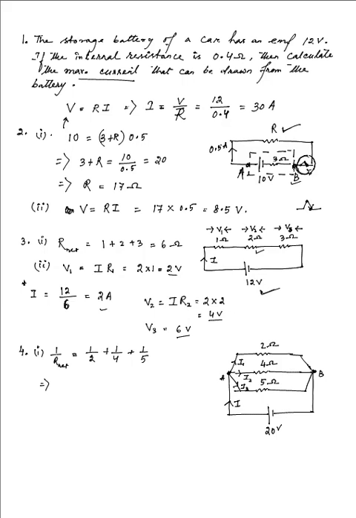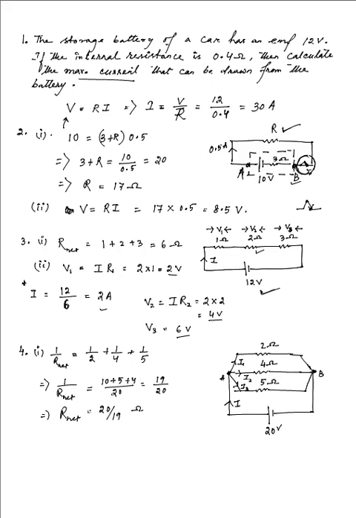The LCM obviously goes to 20. And so you have 10 over here, 5 over here, and 4 over here. So that means it is 19 by 20, that is the reciprocal of the net resistance. So the net resistance in this case will be equal to 20 by 19. Now this is the net resistance of the combination.